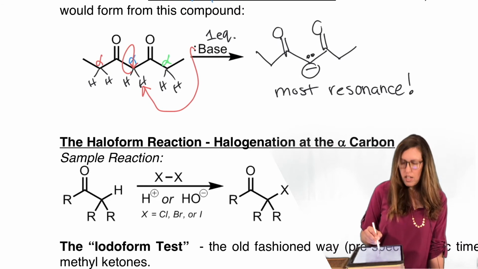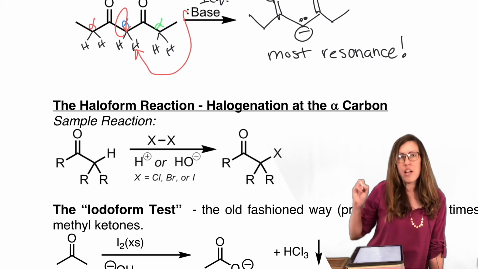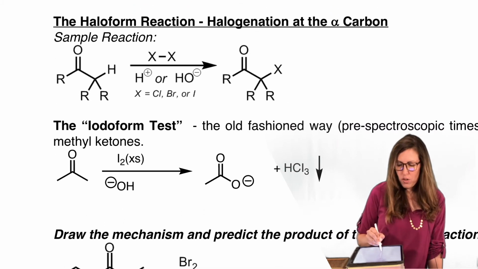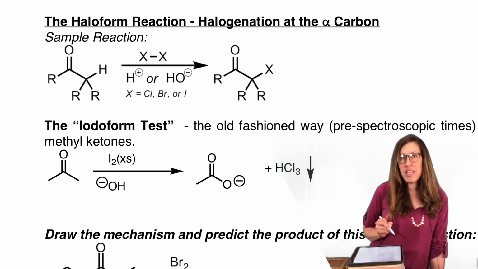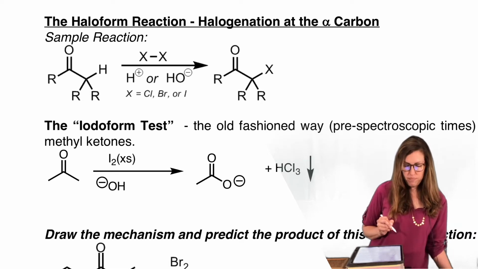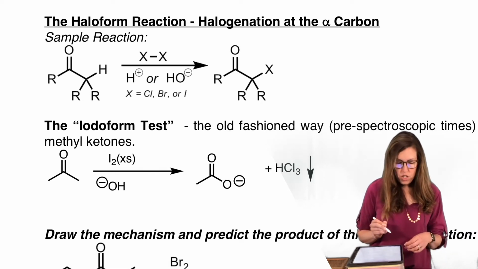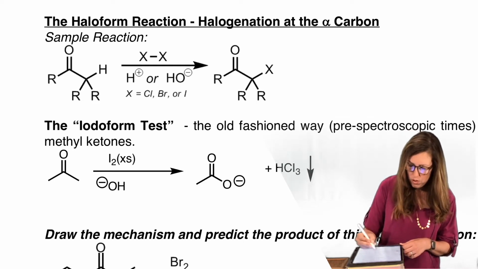Okay, we are going to start doing some reactions that are beyond acid-base reactions. We're going to start with one of the oldest, most famous reactions, called the haloform reaction. So what does that entail? Let me just show you a generic overview of the haloform reaction.